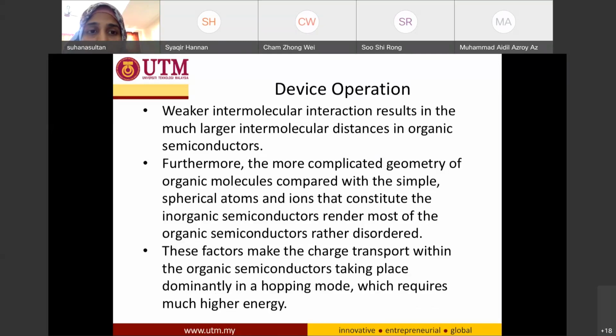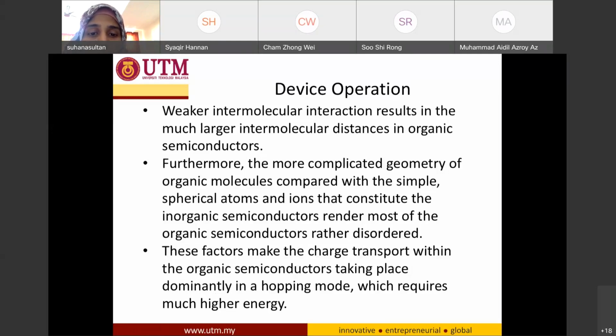So this one I have explained. Weaker intermolecular interaction results in much larger intermolecular distances in organic semiconductors. Furthermore, the more complicated geometry of organic molecules, the complicated crystal structure itself, makes it very difficult for the electrons to move around.